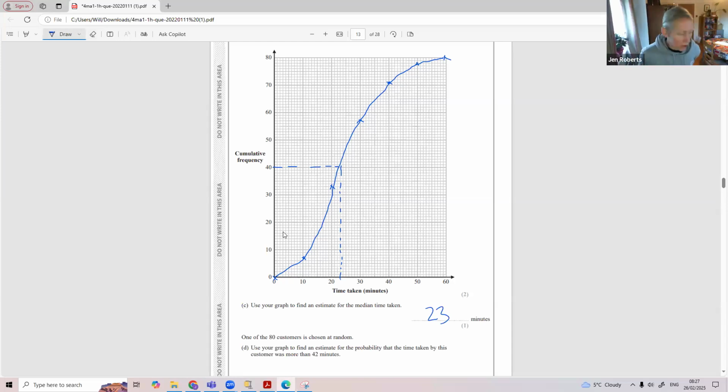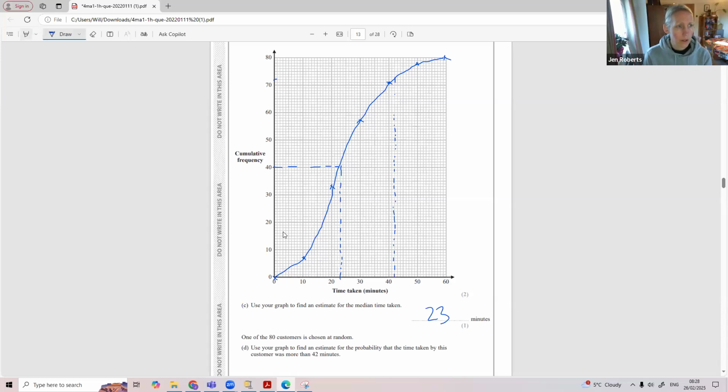One of the 80 customers is chosen at random. Use your graph to find an estimate of the probability that the time taken by this customer was more than 42 minutes. Let's just go up from 42 minutes here. Let's go across, take you to there.